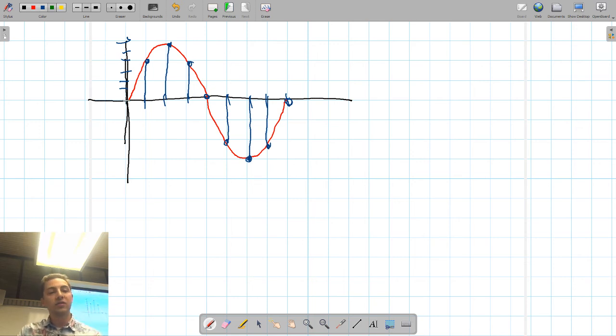We'd see something that looks a little bit more like this. A little bit of a staircase effect. Okay? And if we were to add more points, let's double the number of points.